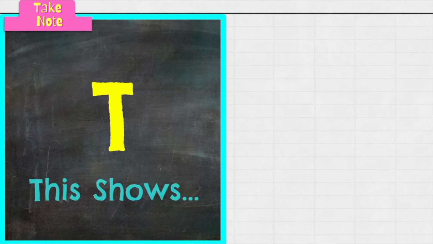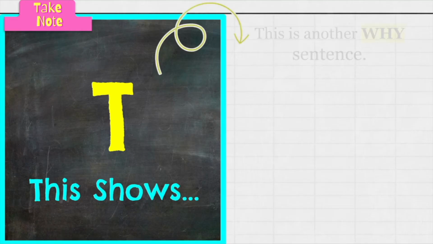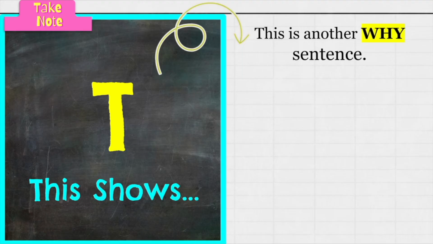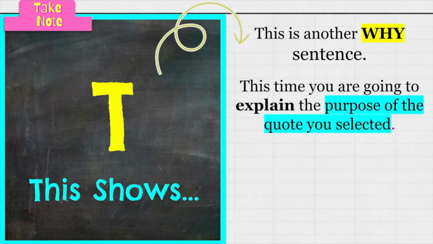And finally, we have T, our final T in the RTQT process, and this stands for this shows. This is another why sentence, but this time you're going to explain the purpose of the quote you selected. We introduced our quote, we put our quote in there, and we don't want to just leave it. You have to tell us why you picked that quote.